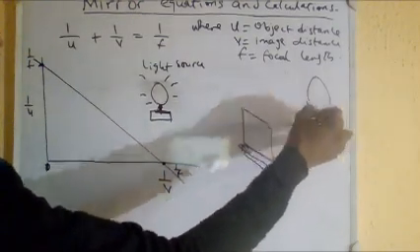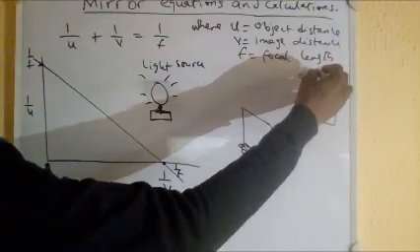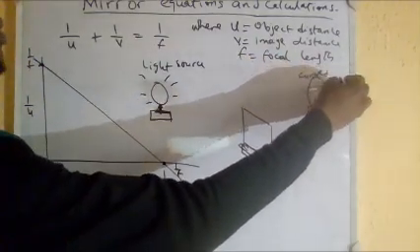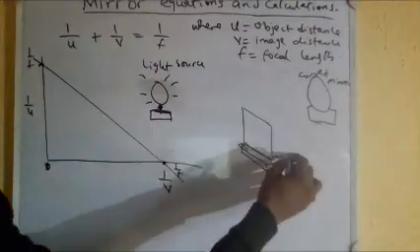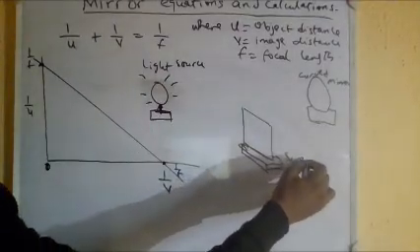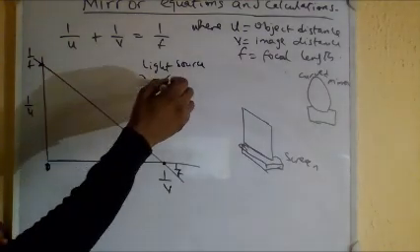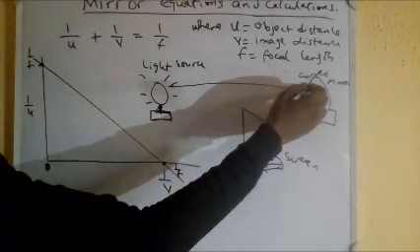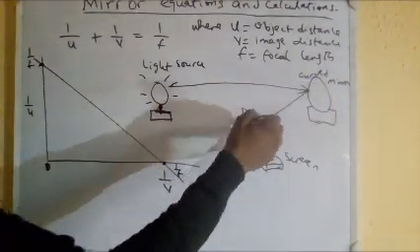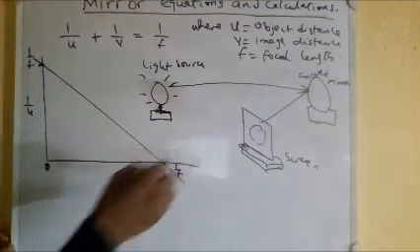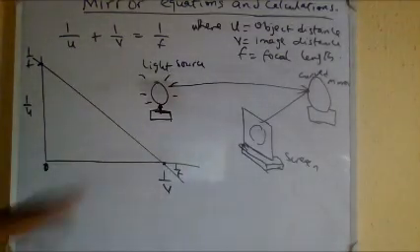So this is the curved mirror. This is your screen, and this is your light source. If the light source rays beam on this mirror, it reflects and forms an image on the screen. So this is basically the experiment.